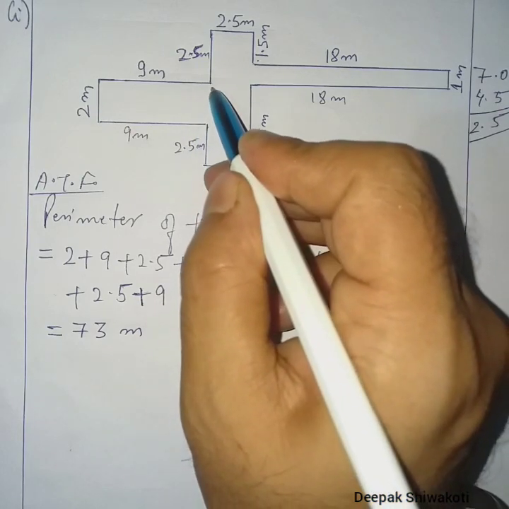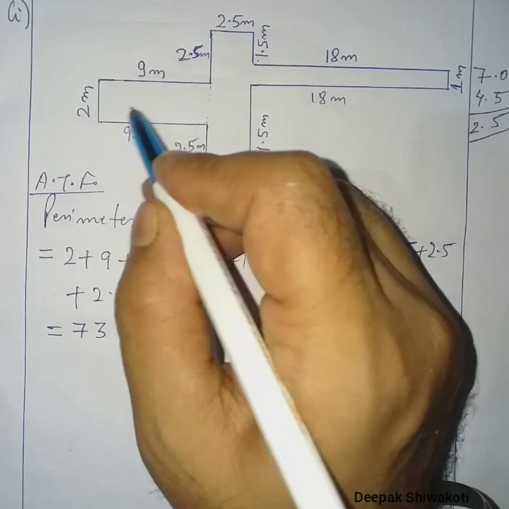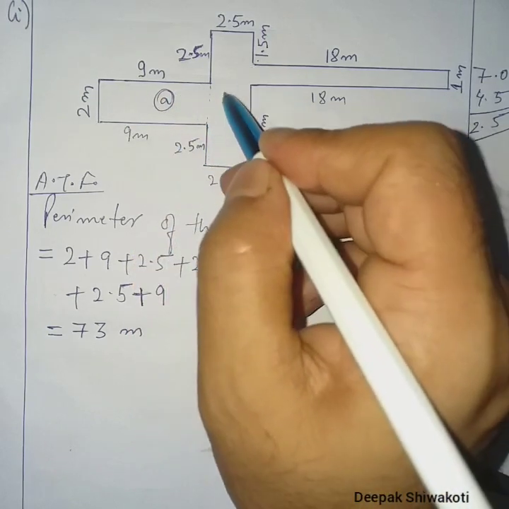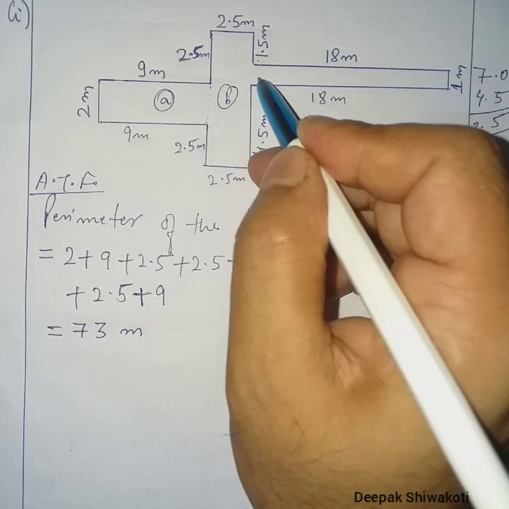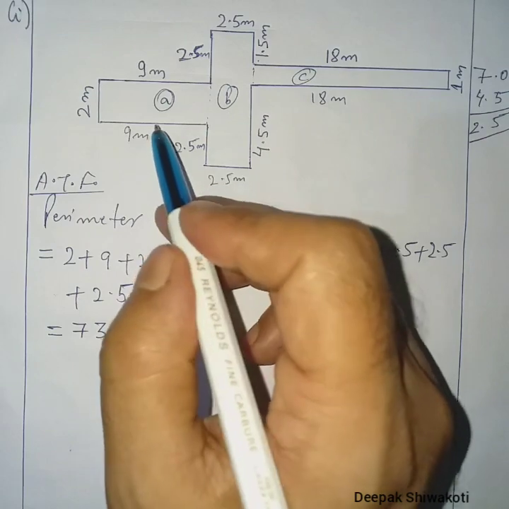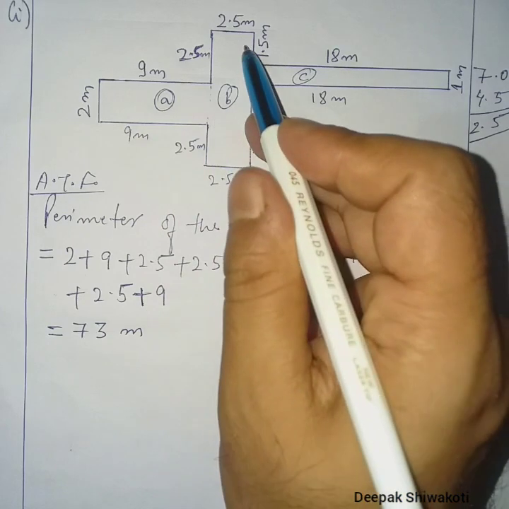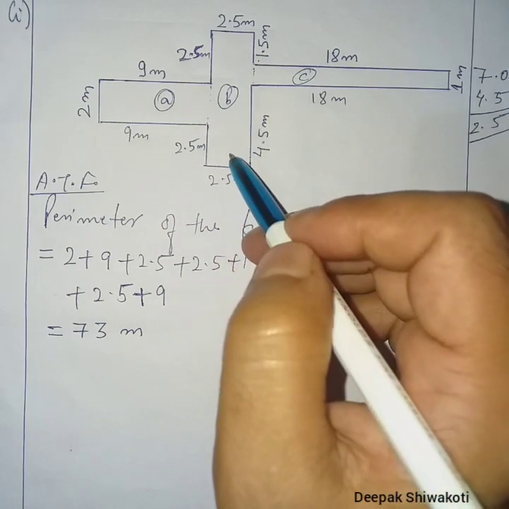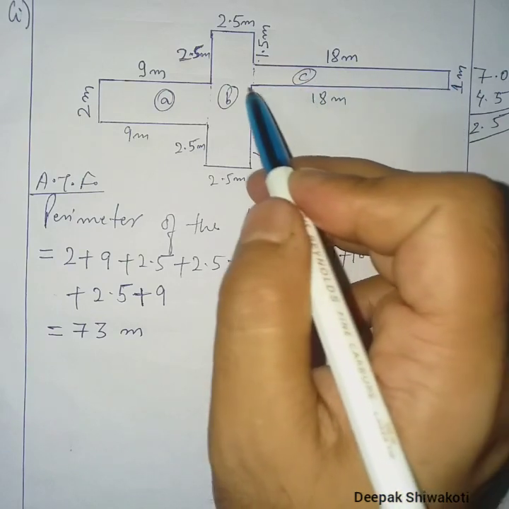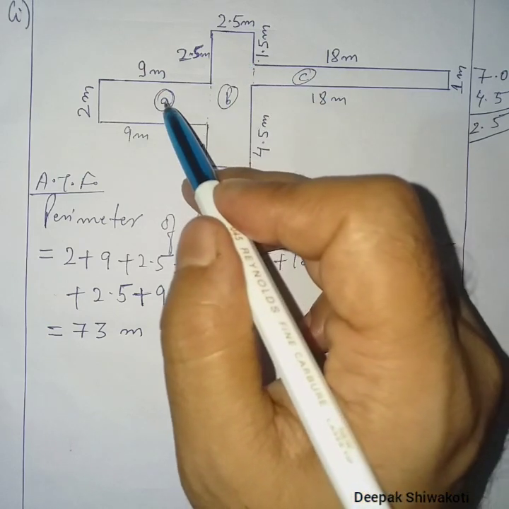Suppose this part is A, this middle one is B, and this is C. We can find the area of this part, as this is a rectangle, this is also a rectangle. We can find the area of this part also, and this part also. This is also a rectangle.